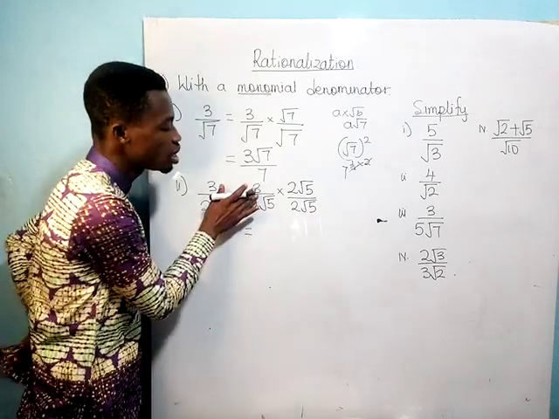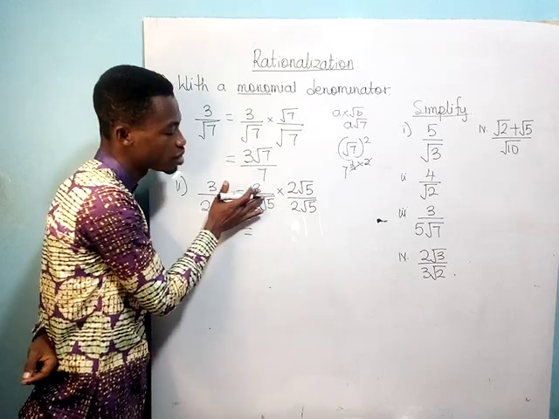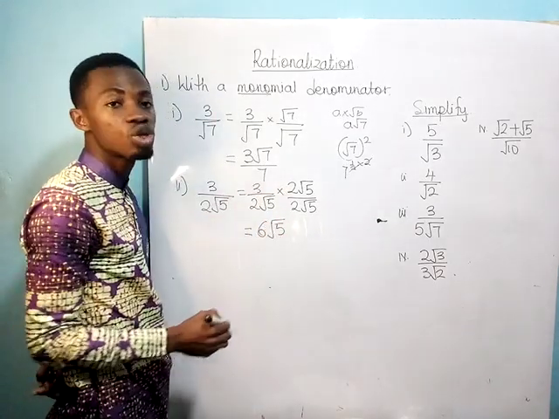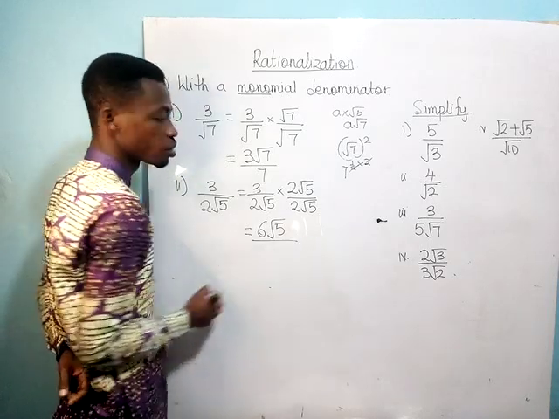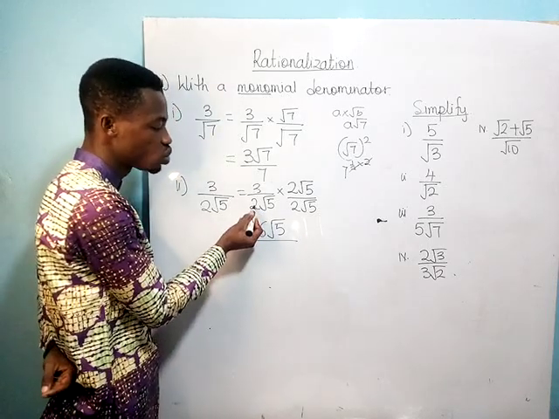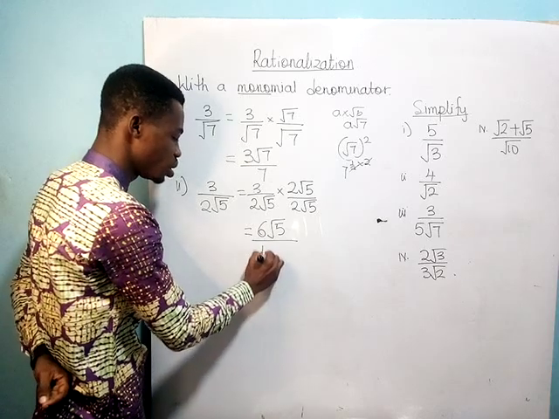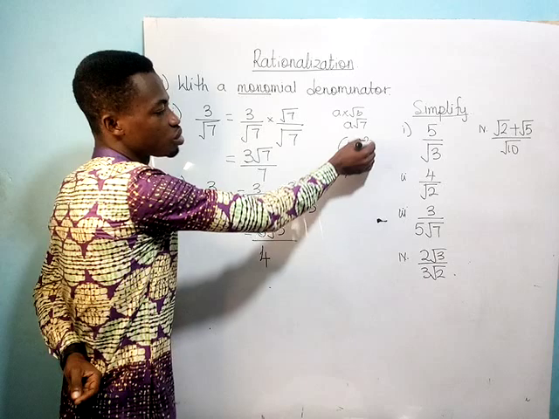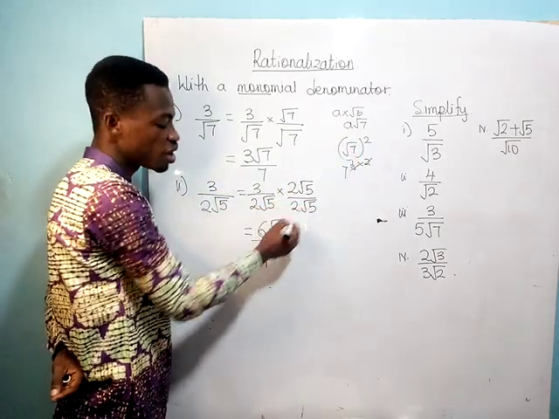Our focus is to do away with the surd. So let's go. Here 3 times 2 root 5. 3 times 2 is 6. So we have 6 root of 5. Then here 2 times 2 will give us 4. Root 5 times root 5, as we've learned, will give us 5.